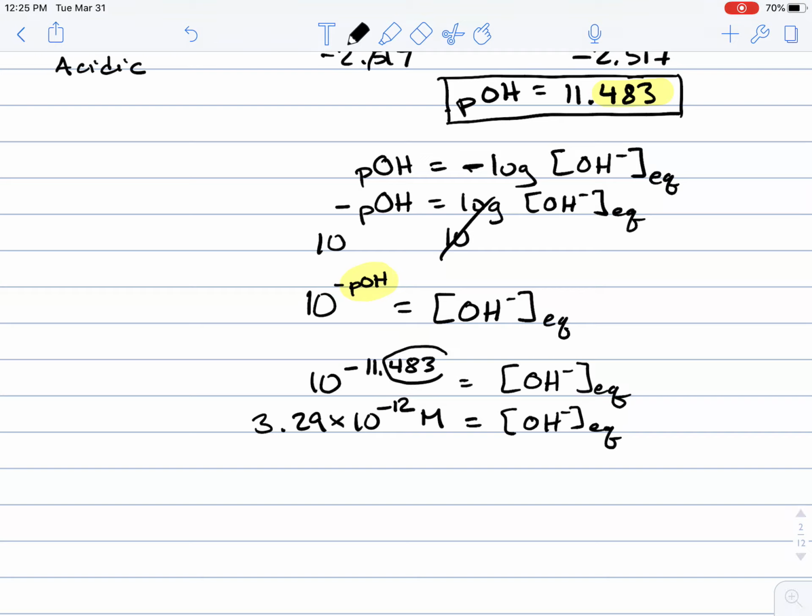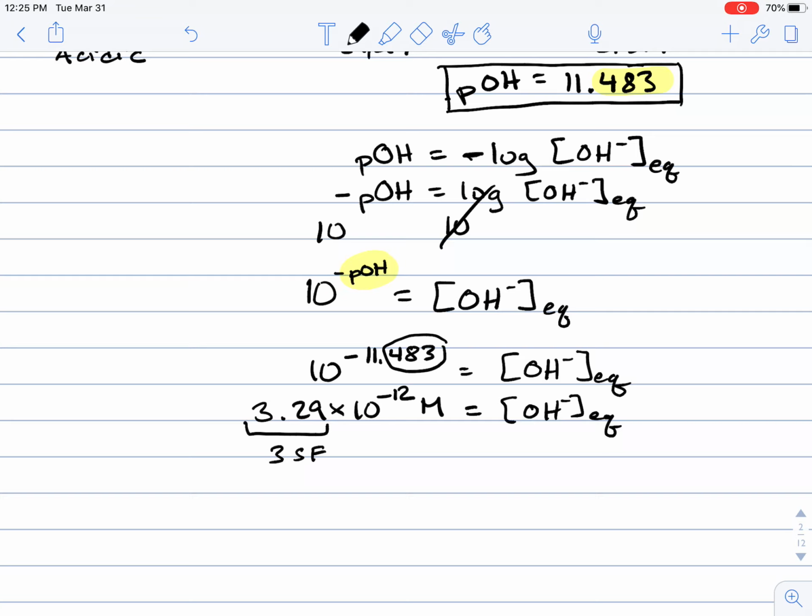Notice that there are 3 decimal places in our pOH, so we need to record 3 sig figs. When you type this answer into your calculator, make sure you're rounding correctly. Our final answer is 3.29 times 10 to the negative 12 molar, and that is the concentration of the hydroxide ions in solution.